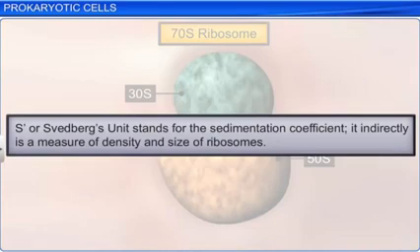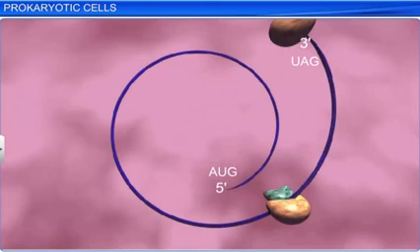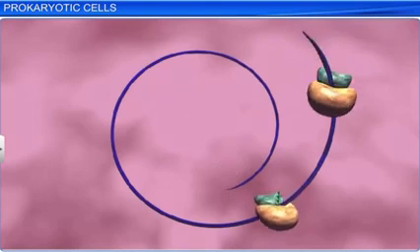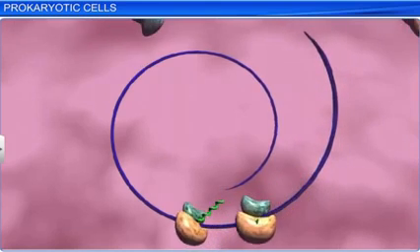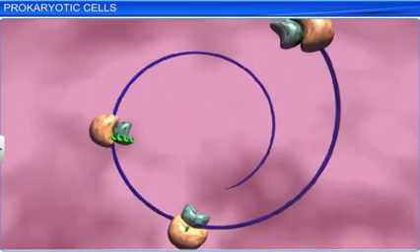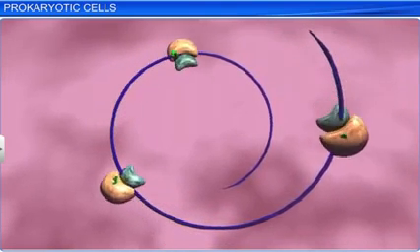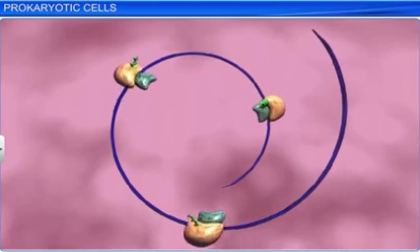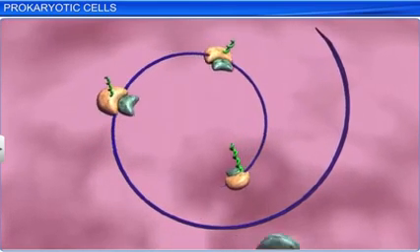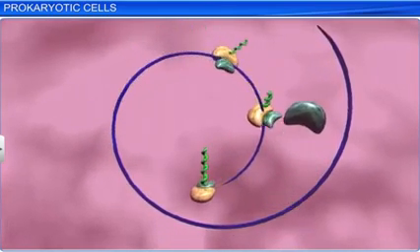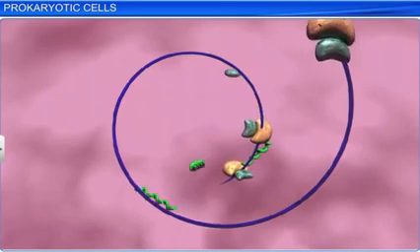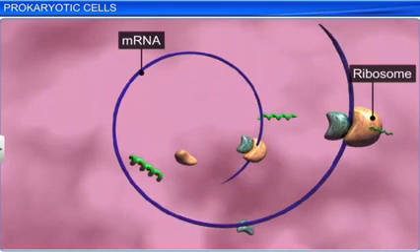It indirectly is a measure of the density and size of ribosomes. These ribosomes attach to a single messenger RNA, a type of RNA that aids in protein synthesis, forming a chain called a polyribosome or polysome, and ultimately translate messenger RNA into proteins.